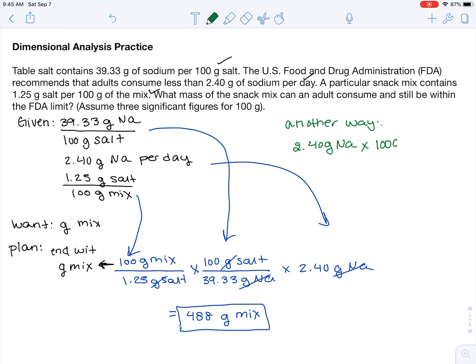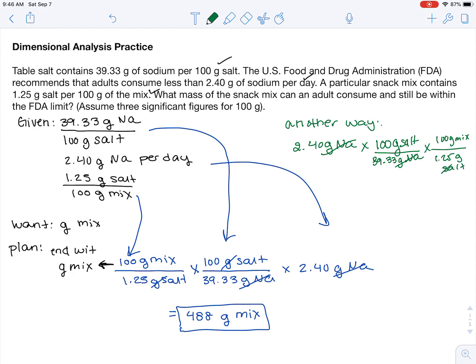So then again, I would put my 100 grams of salt over 39.33 grams sodium, which will then get rid of my sodium. Then I want mixture. So my last part that was given will give me the mixture, 100 grams of the mix over 1.25 grams salt.